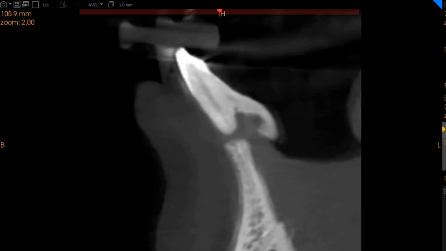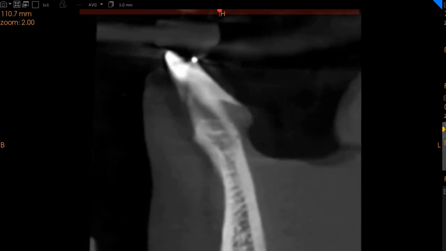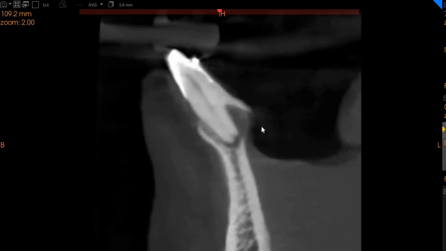Moving to the central incisor on the left hand side, again very similar, no bone support. The lateral incisor again has a major periodontal lesion, which can be seen here. We've got calculus here, we've got radiolucency here, zero bone support here.